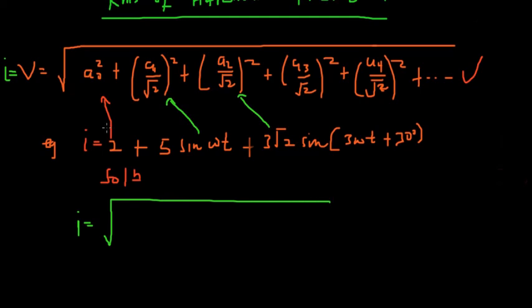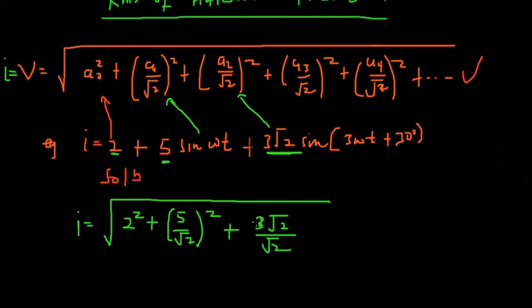This is A naught squared, so you have 2 squared, plus A1 on root 2 all squared, so you have 5 on root 2 all squared, plus A2 on root 2, so you have 3 root 2 divided by root 2 all squared.